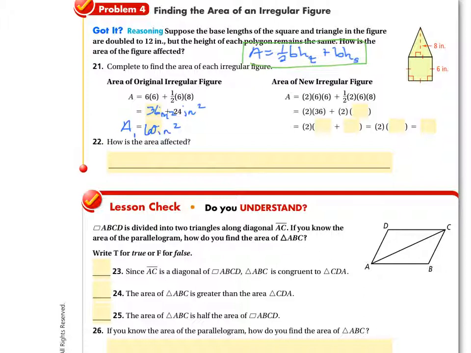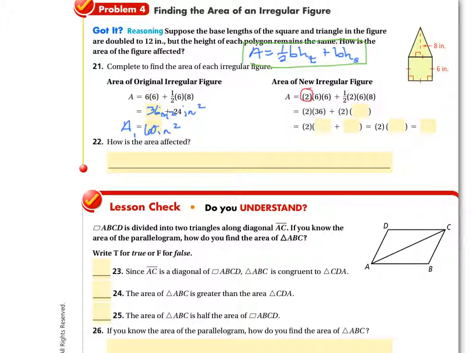Then all they did was double, and they're not really showing it here, but they changed this 6 inches into what? If they doubled it, they're multiplying it by 2. I just want you to understand that this 2 right here comes about from the fact that they're only multiplying the base by 2.